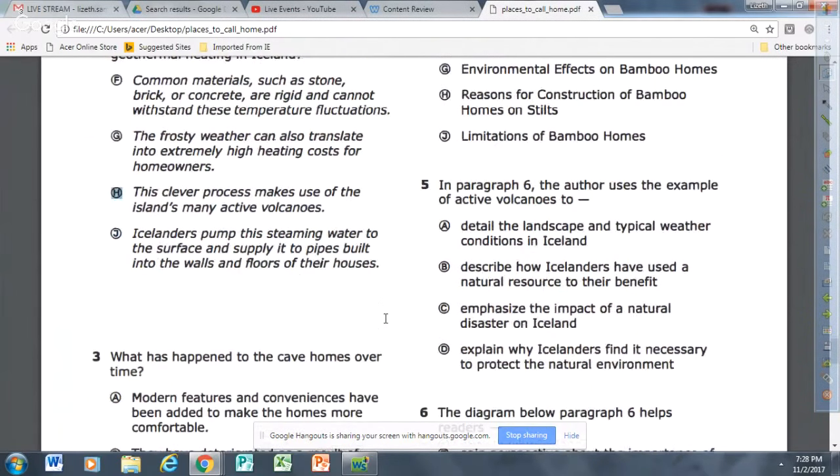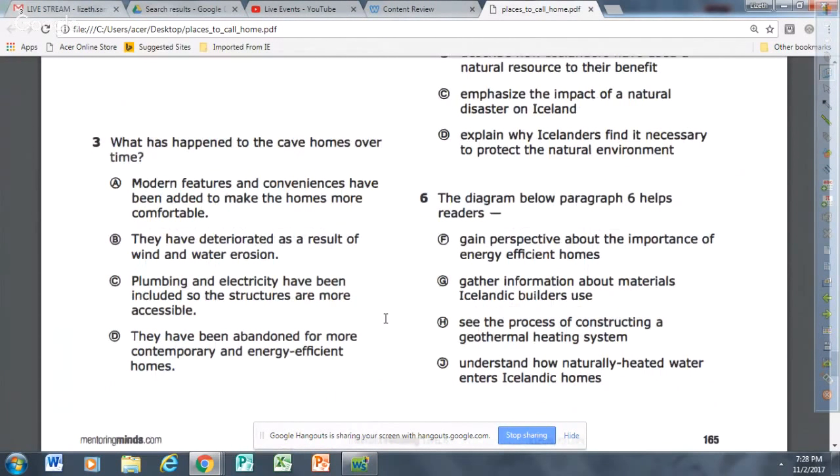Okay, let's move on to number 3. So if you got it wrong, don't worry about it because we're going over it now. We're looking at our details and we're finding techniques on how to answer this. Because I think for the most part, many of you understood the passage, but again, it's understanding why an author uses something, how an author feels about the subject, all of those things.